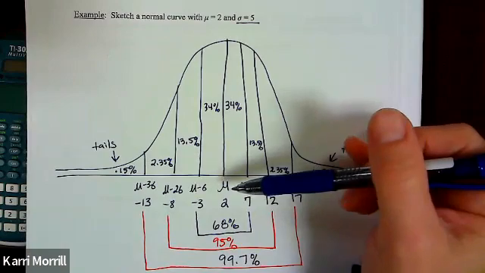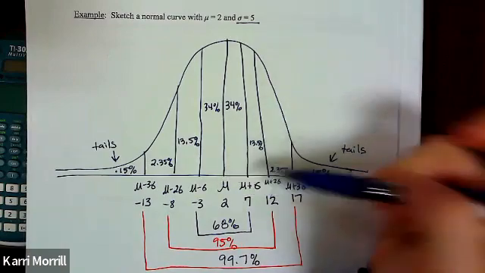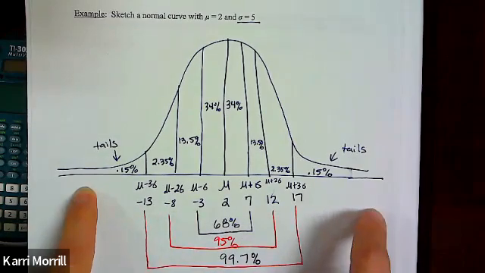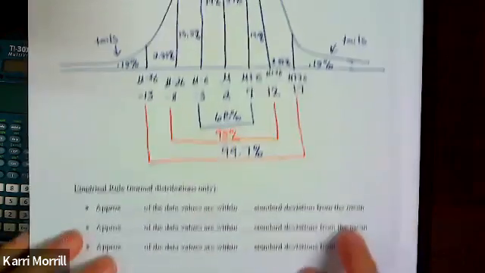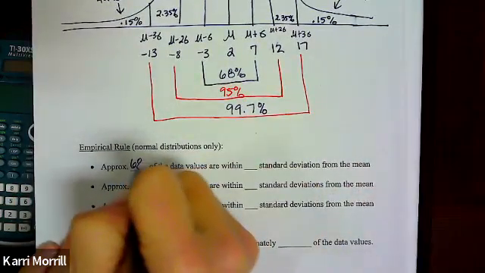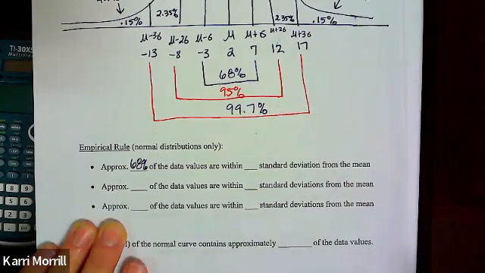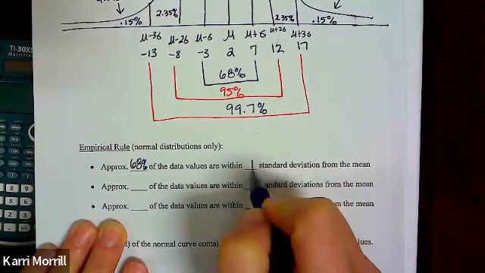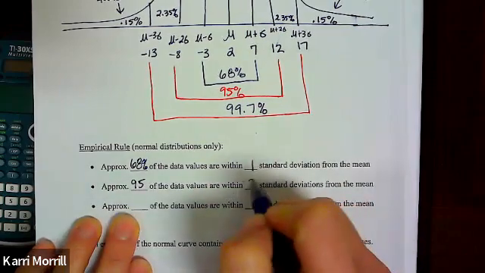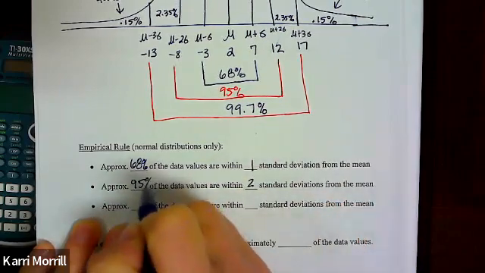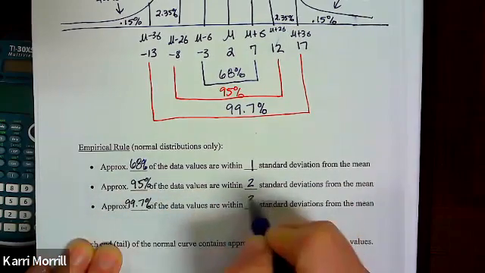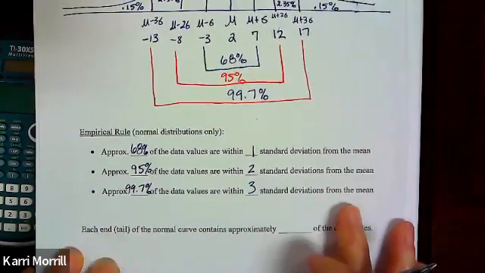Your mean can always be any number with a standard deviation of any number, and that's how you will complete a bell curve representing the empirical rule. So approximately 68% of the data values are within 1 standard deviation. 95% of the data values are within 2, and 99.7% are within 3 standard deviations.